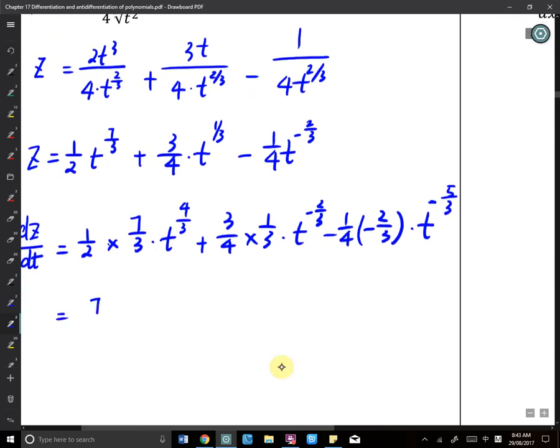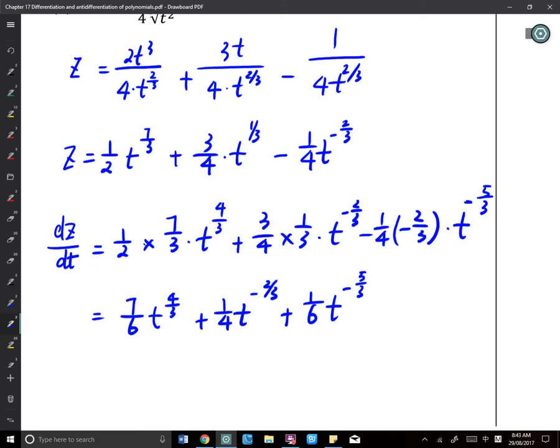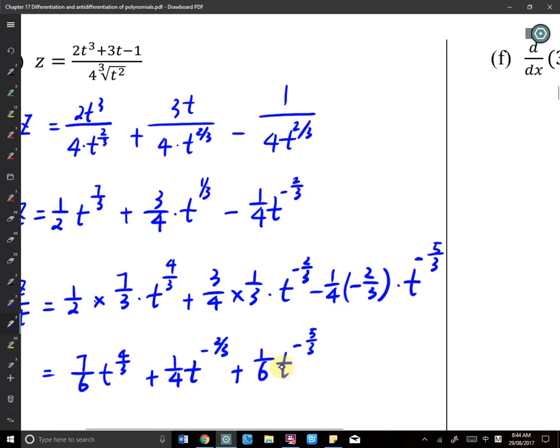And then you simplify it: that's 7 on 6 t to the power of 4 on 3 plus 1/4 t to the power of negative 2/3 plus 1 on 6 t to the power of negative 5 on 3. Okay, that's the simplest form. So that's E.